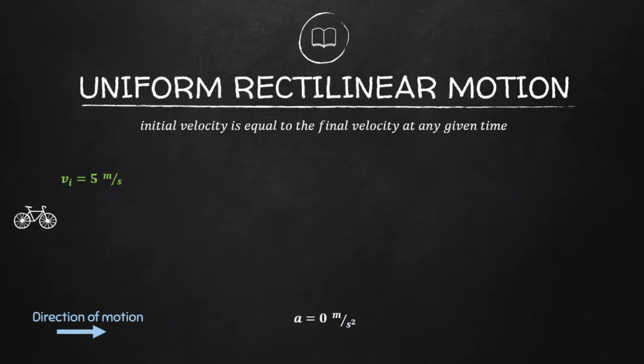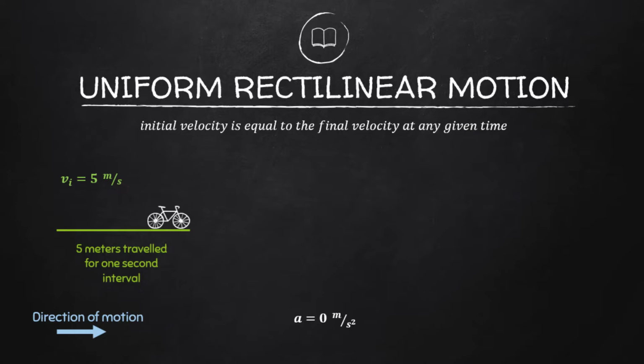After a time interval of 1 second, it has traveled 5 meters. Its final velocity at the end of this time interval is equal to 5 meters per second because there is no change in the speed of the bicycle.